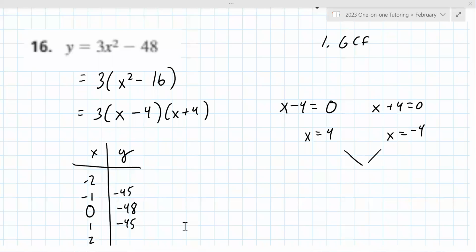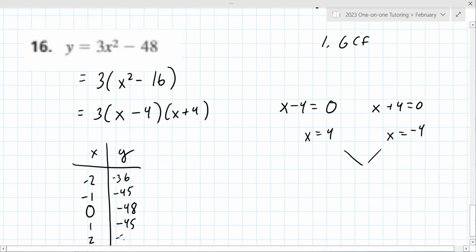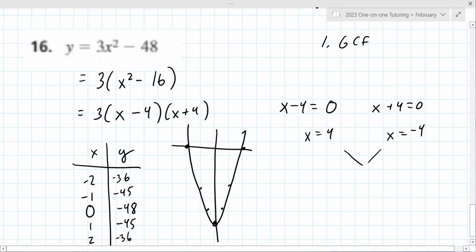That's 12, so it's like negative 36. All right. And then again, graph here, it's just horrible, right? It's (0, negative 48), (negative 1, negative 45), (1, negative 45), (negative 2, negative 36). And eventually it does cross again.